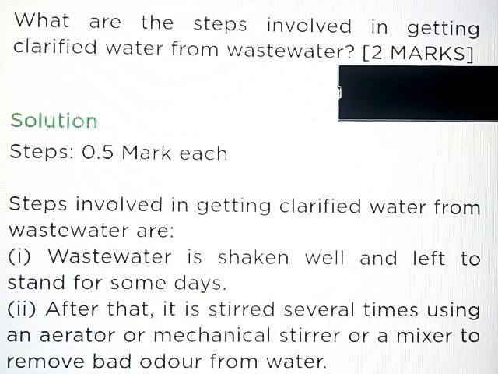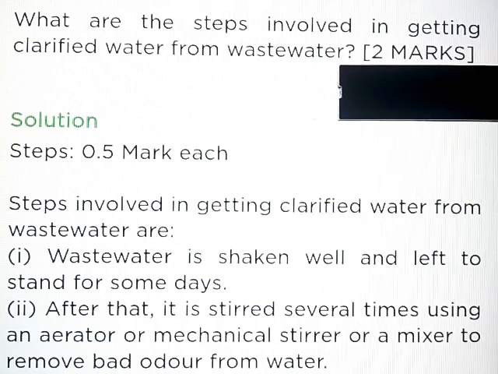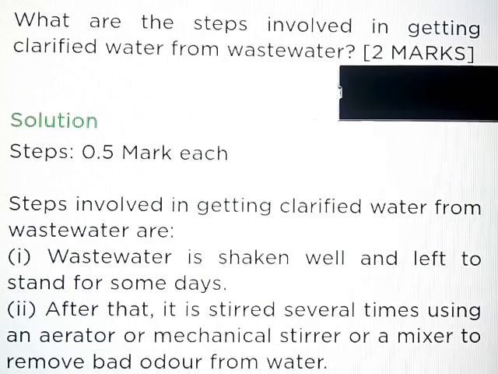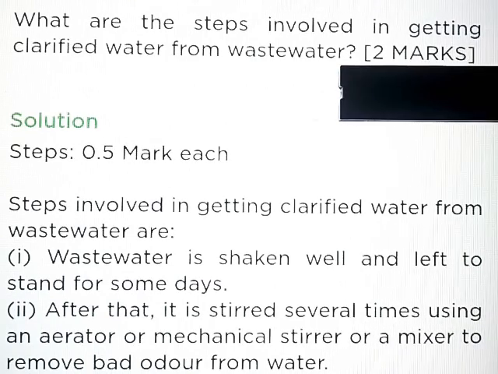Question number 2. What are the steps involved in getting clarified water from wastewater? Answer. Steps involved in getting clarified water from wastewater are: wastewater is shaken well and left to stand for some days.